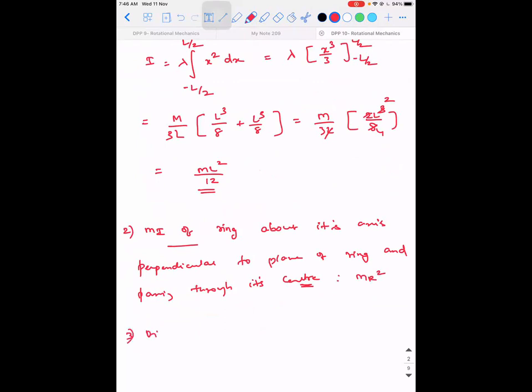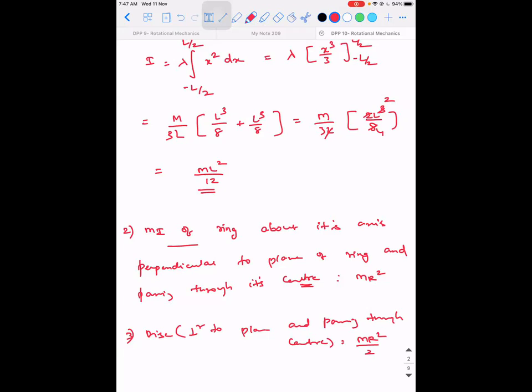Similarly, for a disk, perpendicular to plane and passing through center, it will be mr square divided by 2. Okay.